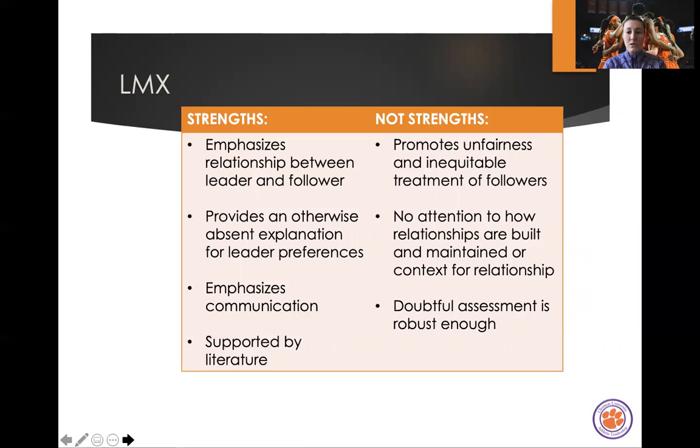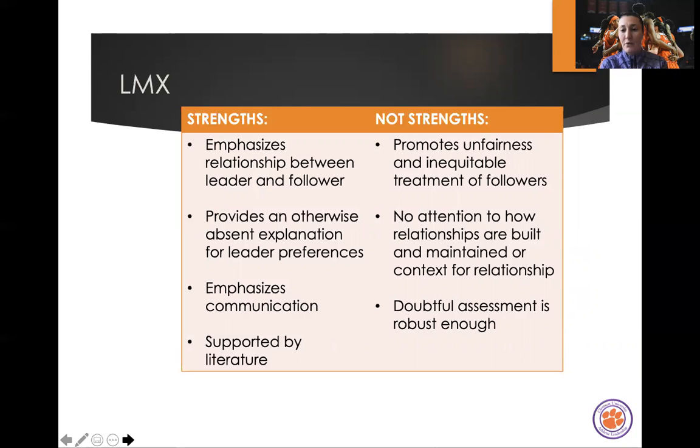So I do think those leadership making phases need to be emphasized more if you're going to take on some LMX features in your leadership style. There's no attention to how relationships are built and maintained, or context for the relationship. So we still really don't know how that in group becomes the in group.